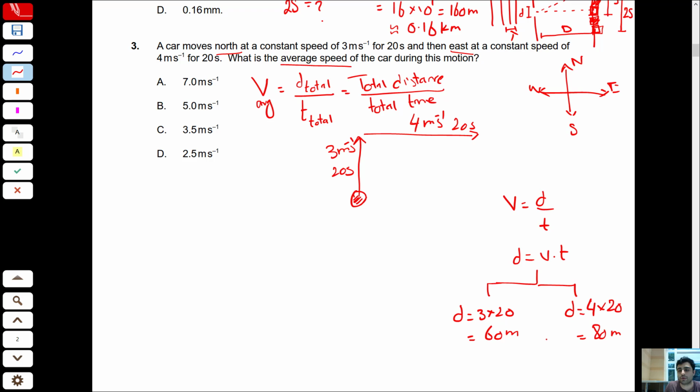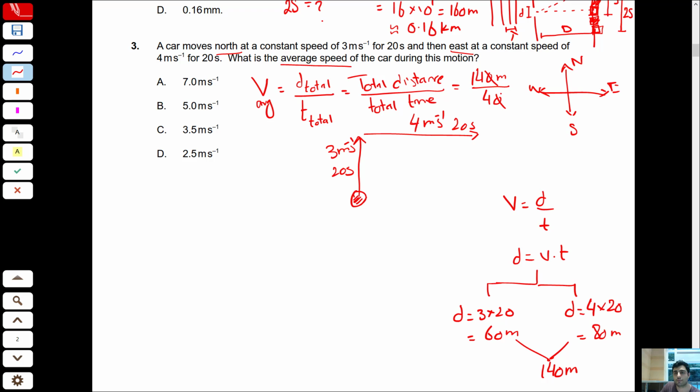So now we have to just add them together. If we add them together, we will get 60 plus 80, 140 meters. So 140 meters is the total distance traveled. We can substitute that 140 meters over here, and the total time traveled is 20 plus 20. So 20 in the direction of north and 20 in the direction of east.